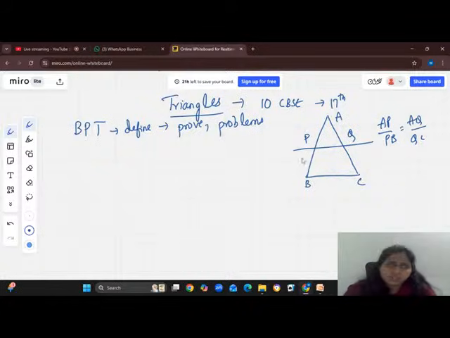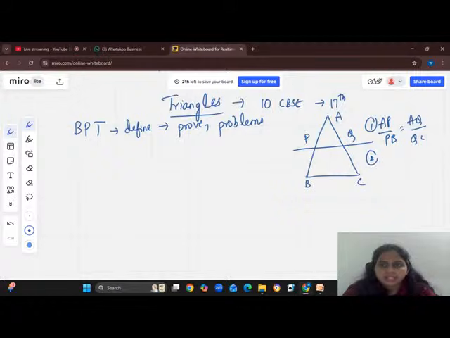Most of the students get confused because they only know AP by PB equal to AQ by QC. No, here you're making a mistake and getting worried. There are three cases. The first case is AP by PB equal to AQ by QC.